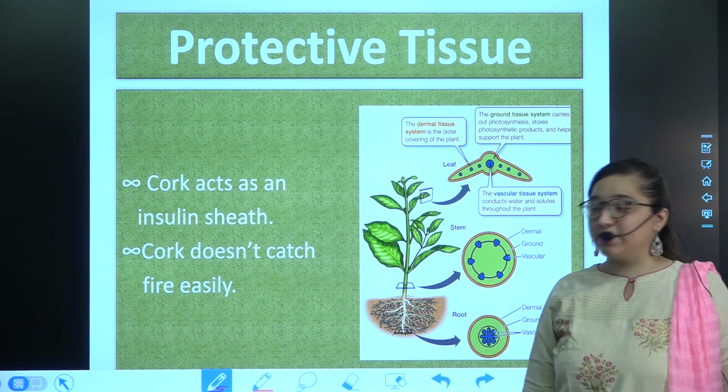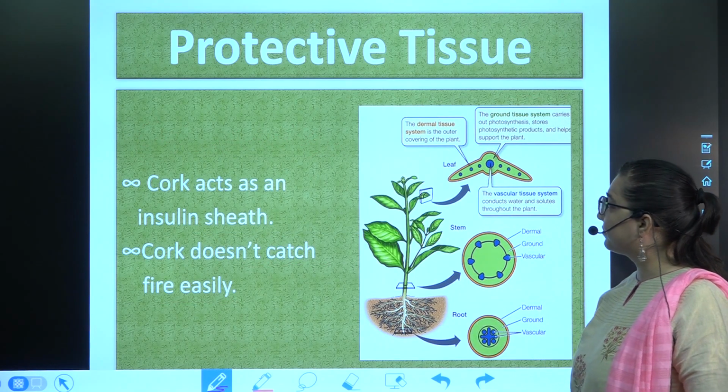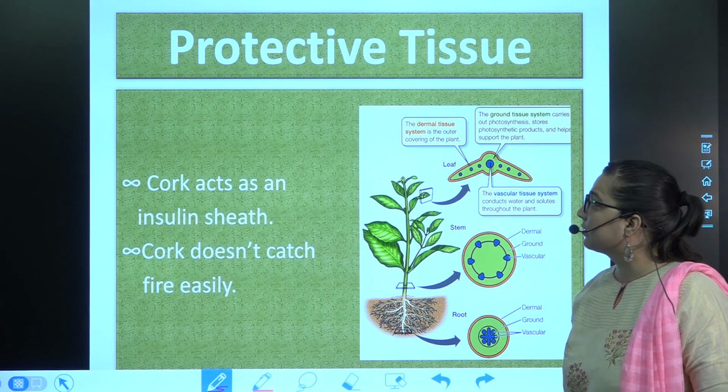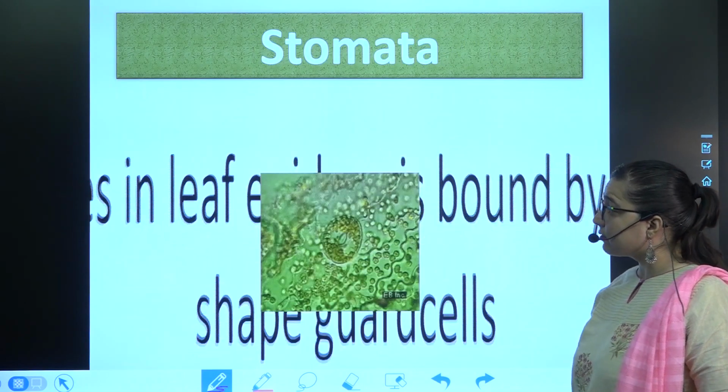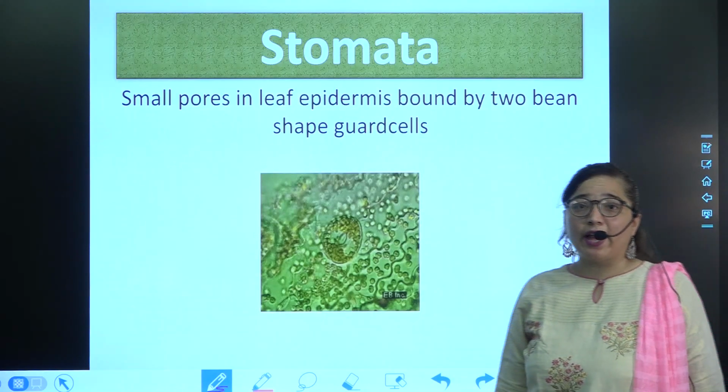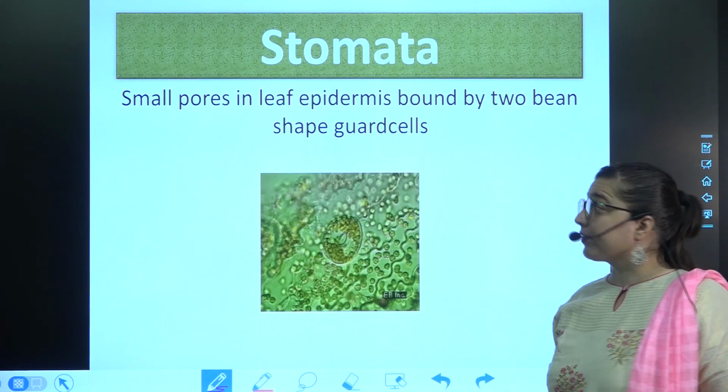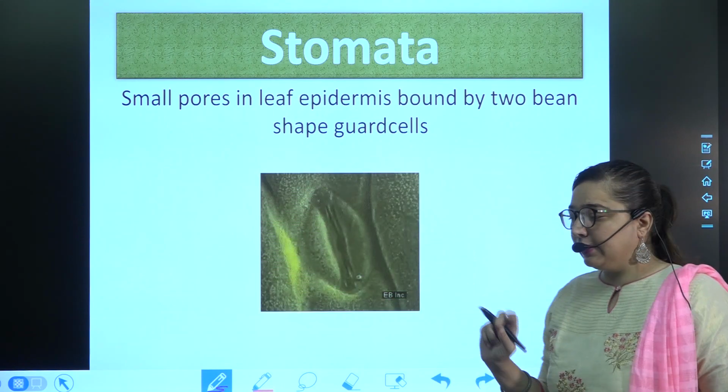Okay, now we are going to discuss the stomata. So, what actually is a stomata? There are small pores.